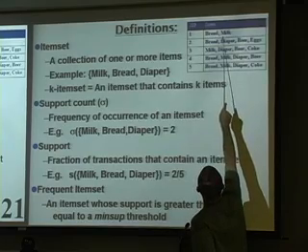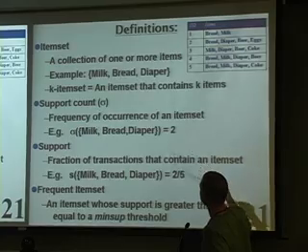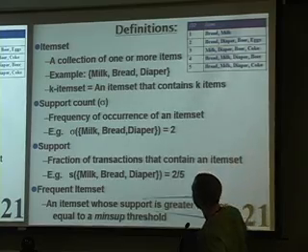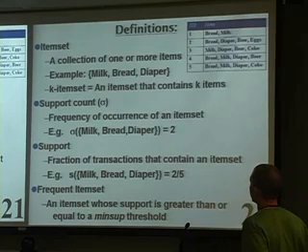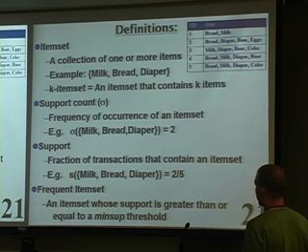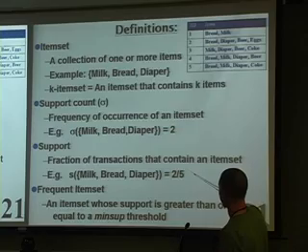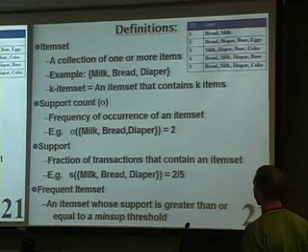So only 2. So 2 is the support count. The 2 out of the 5 total is what we call the support, and that's usually what we refer to. The support of the item set milk, bread, diaper is 2 out of 5 because 2/5 of the transactions included a purchase of all 3 of those items. So that's the support of milk, bread, diaper, and that's probably the most important definition up here. When we say support, it's just what fraction of the transactions contained those items, milk, bread, and diaper.